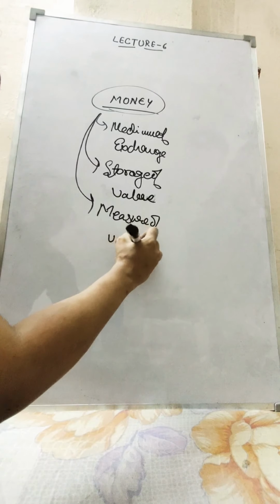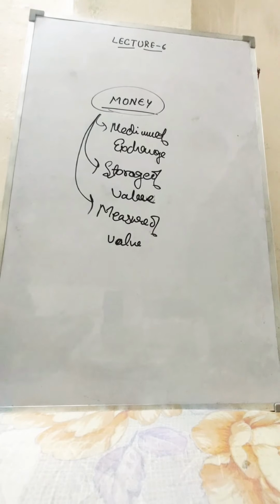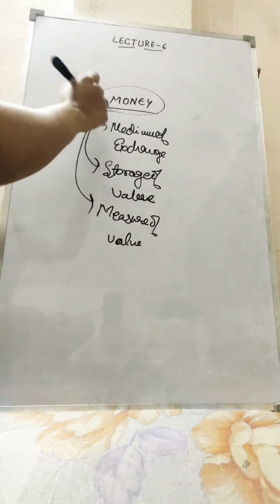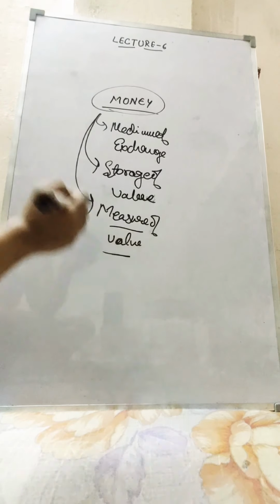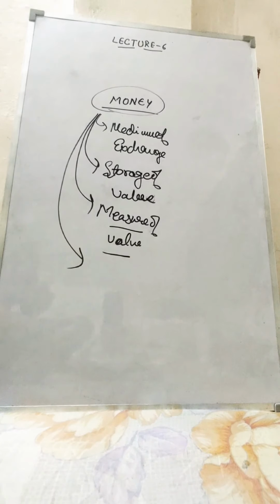We can actually measure anything in terms of money. So money is anything that can be measured in terms of value. And last but not the least, money is anything that can be accepted as a standard of deferred payment.